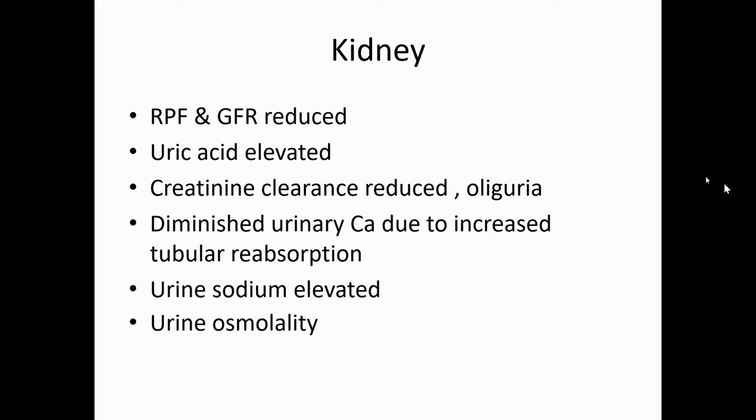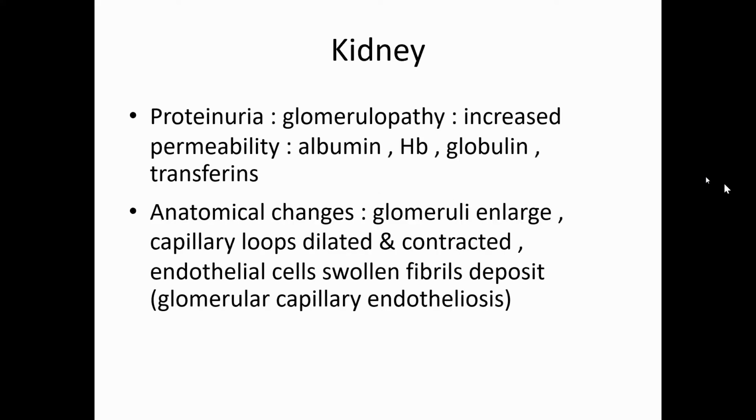So whenever we are evaluating a case of hypertensive disorder in pregnancy, uric acid is the first biochemical marker that will change. And when we don't detect it during this phase, ultimately there will be an elevation of creatinine and urea, and that can lead to renal failure at times. Proteinuria we can easily diagnose by just a dipstick test, and whenever you see proteinuria in a dipstick test, you have to evaluate with 24 hours urine protein.